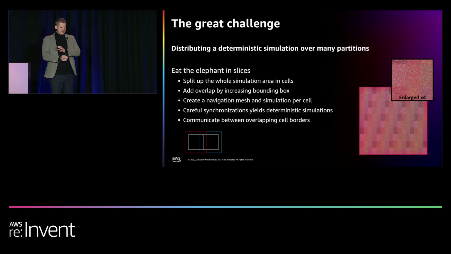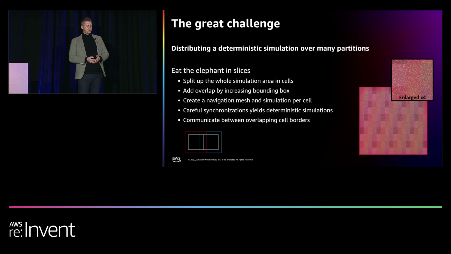And this overlap allows you to smoothly transition from one virtual machine to the other one. Then we created a navigation mesh structure and a simulation per cell. And by doing careful synchronizations, we made sure that it all happened right.